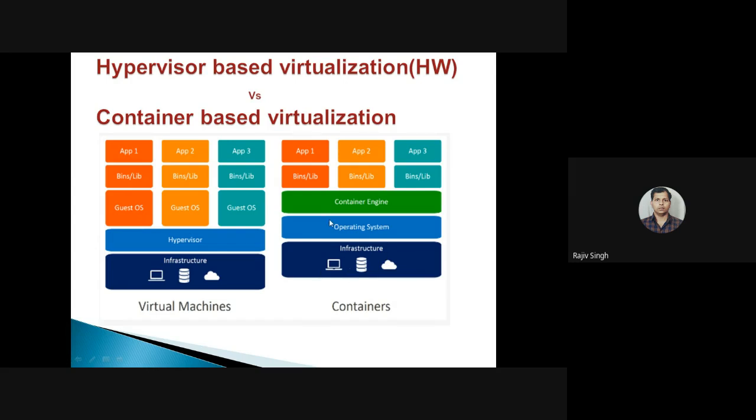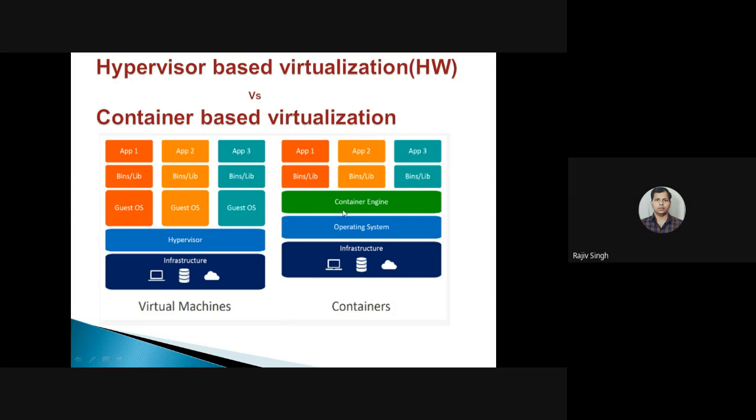After that comes a container engine, which could be anything: Docker, Rocket, or anything else. There are so many container engines available in the market, so you can install one on the operating system. So first bare metal, then the operating system, which is known as the host operating system here, and then the container engine. What will the container engine do?